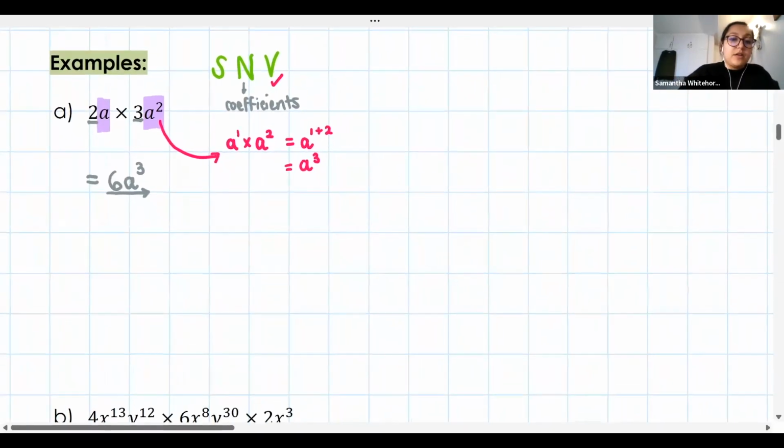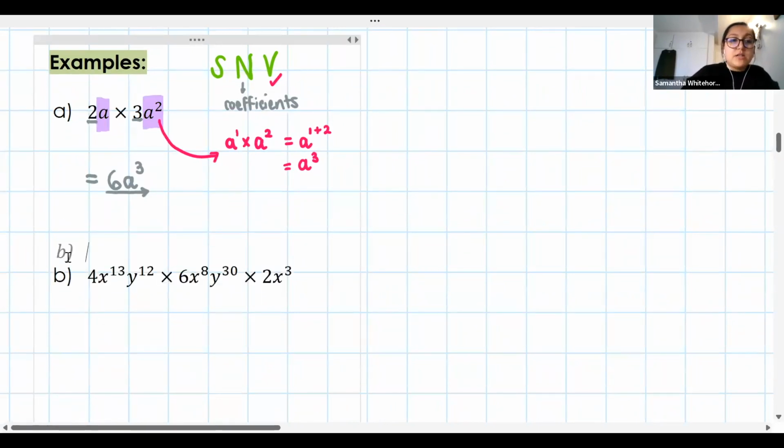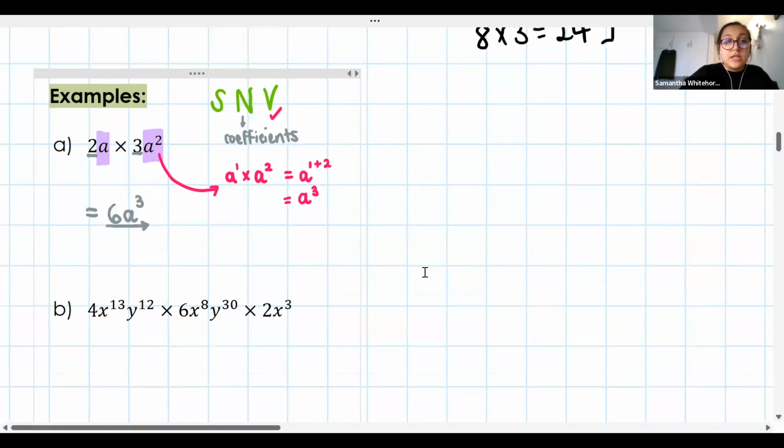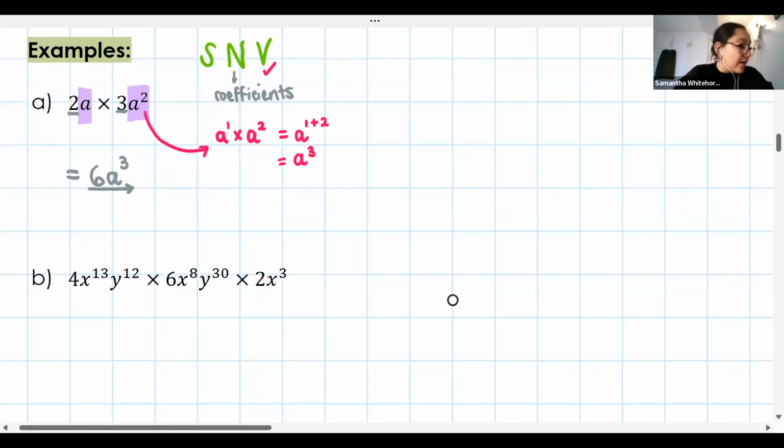Right, so if we have a look at question B, and obviously, I gave myself way too much space this time. These are the types of questions that you need to be comfortable with in algebra, where you have a fair amount going on and you need to be able to deal with it. But again, this is why I often say to you, don't rush it.